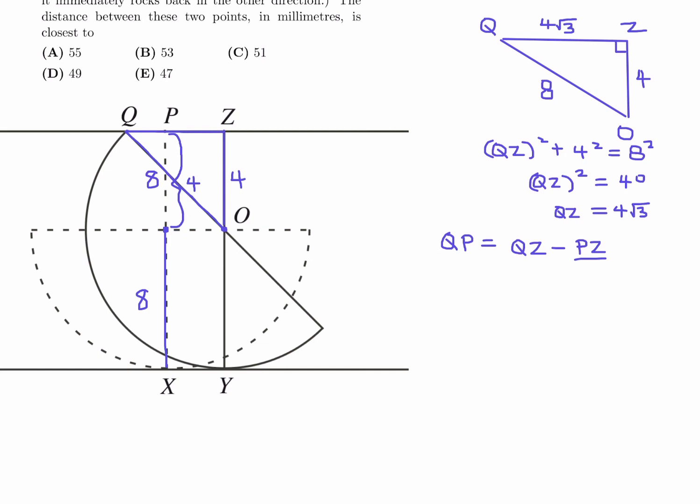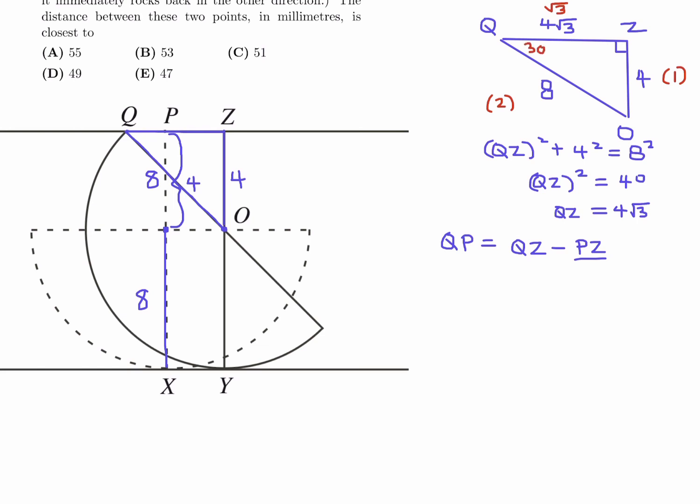Now I want you to concentrate on this triangle here. Notice the side lengths. If you look at the side lengths, and in particular look at the ratio, you'll notice that the ratio of the side lengths are 1, 2, and root 3. And because that is the ratio of the sides, this is a 30, 60, 90 triangle.